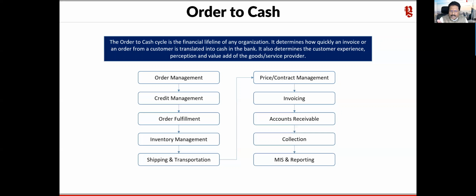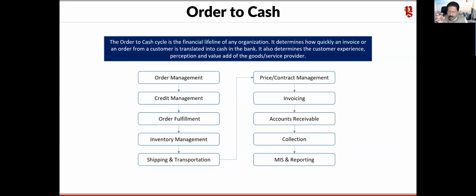So for all these things you need some kind of report apart from your financial reports, right? So your balance sheet, P&L account, your trial balance, maybe your cash book, bank book. These are your basic financial reports. So there are other reports which allow you to take decisions. These are your MIS reports, right?